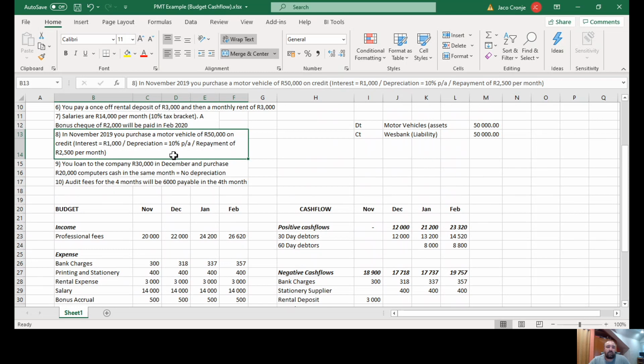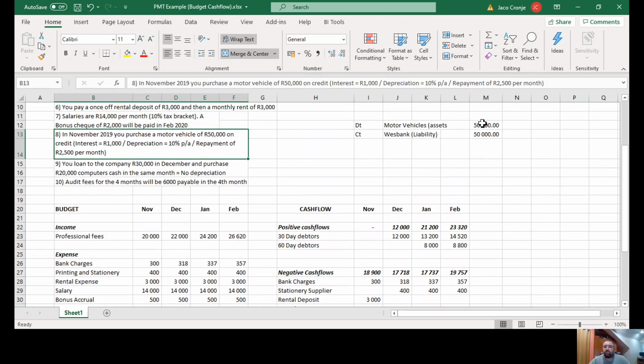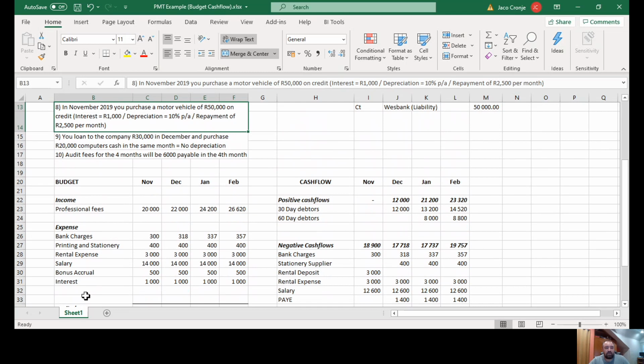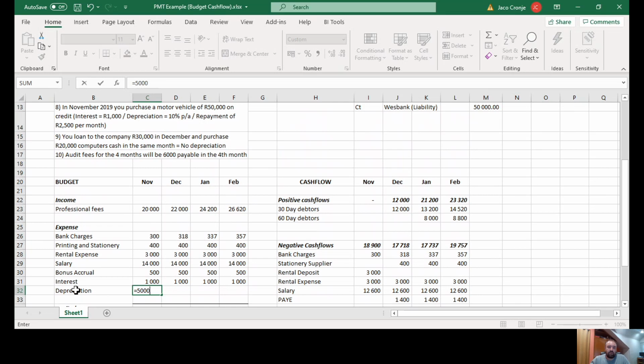So now let's decide, should that go into my budget? Am I, as the shareholder, losing value because of this vehicle losing value? And the answer is yes, I definitely am, because the moment the vehicle loses value, I can't sell it for the same amount anymore. So depreciation must be reflected in your budget. So the calculation for that is going to be 50,000 Rand, because that's the capital amount, times 10%.